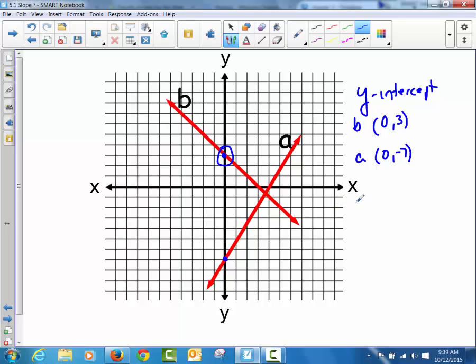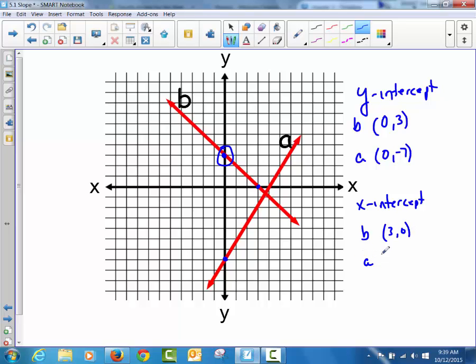The x-intercept is where it obviously intercepts the x-axis. So for line B, here's line B, and it intercepts the x-axis right here. That is 1, 2, 3, (3, 0).